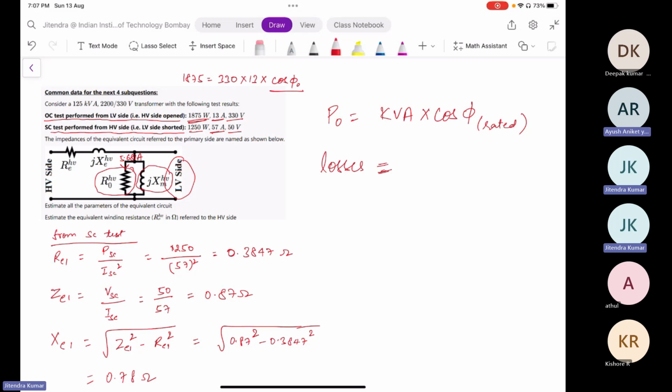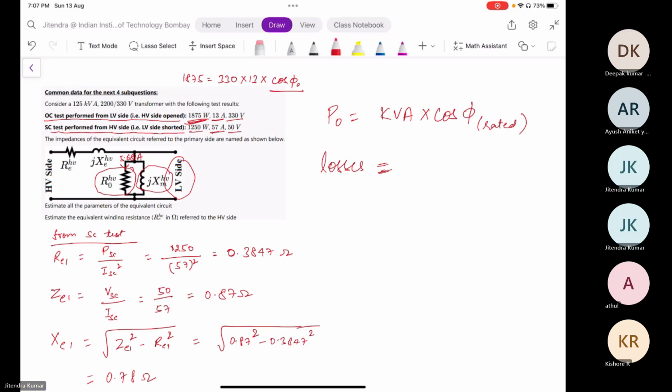Then both losses you add here. The OC test is not dependent on the load, so it will be constant throughout.